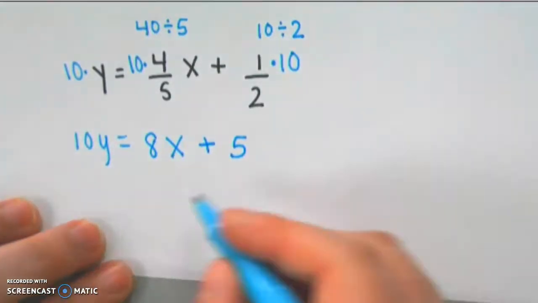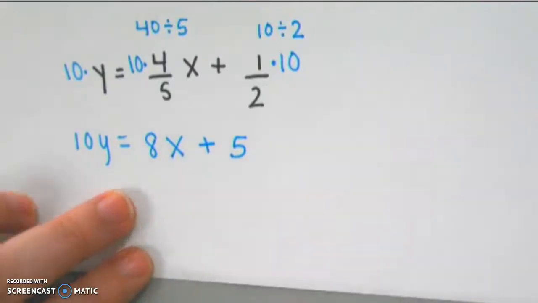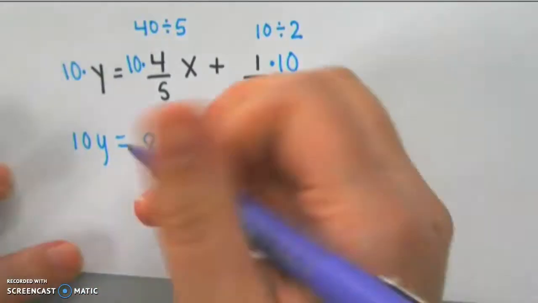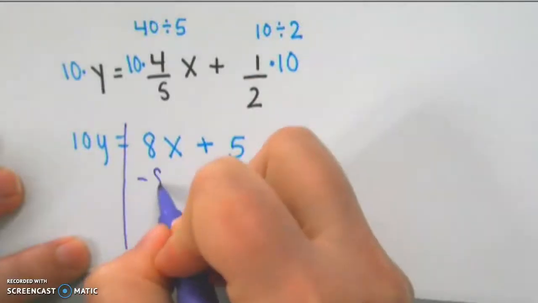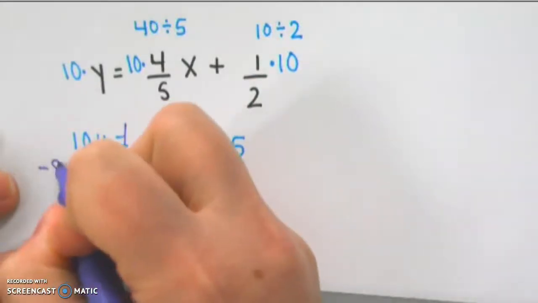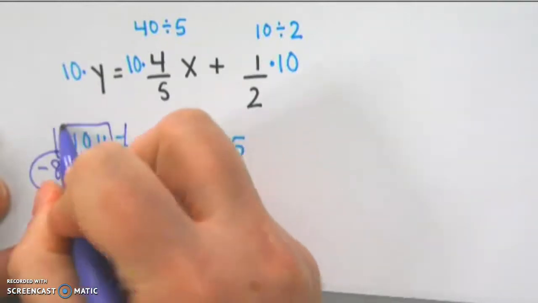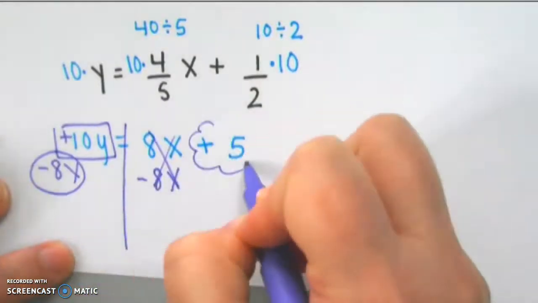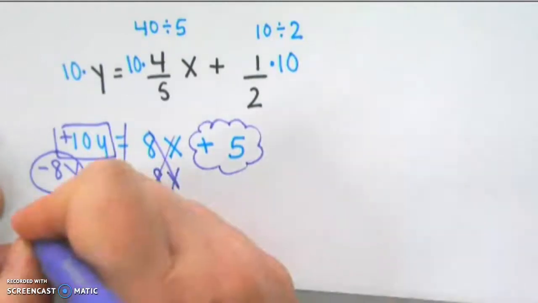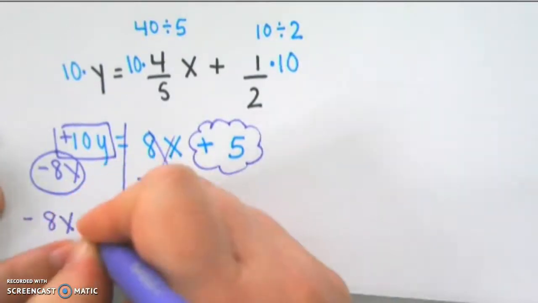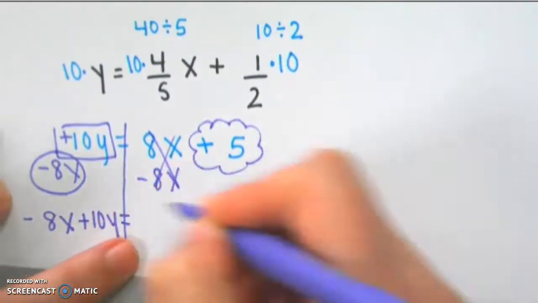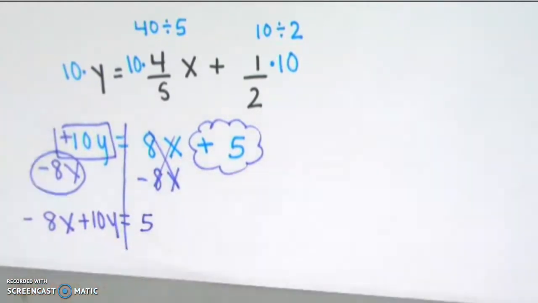My x term is on the wrong side. That's a positive 8x, so I'm going to have to minus 8x. Remember that you don't have any like terms. That's gone. So it's going to be negative 8x plus 10y equals 5.